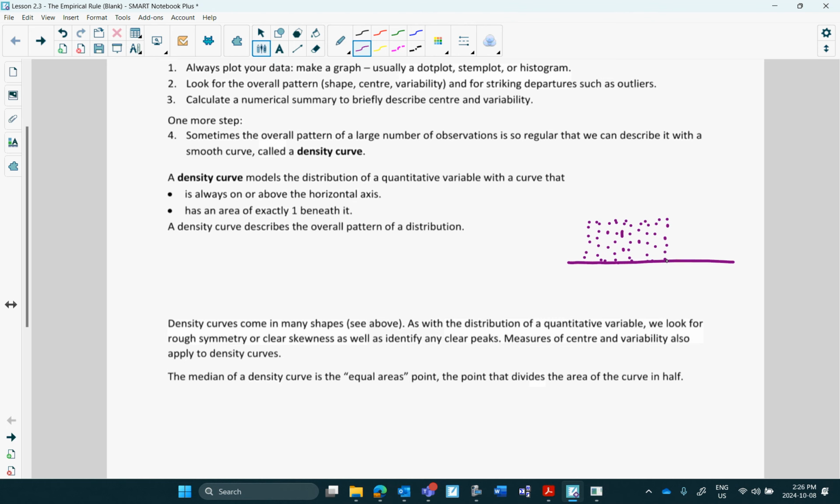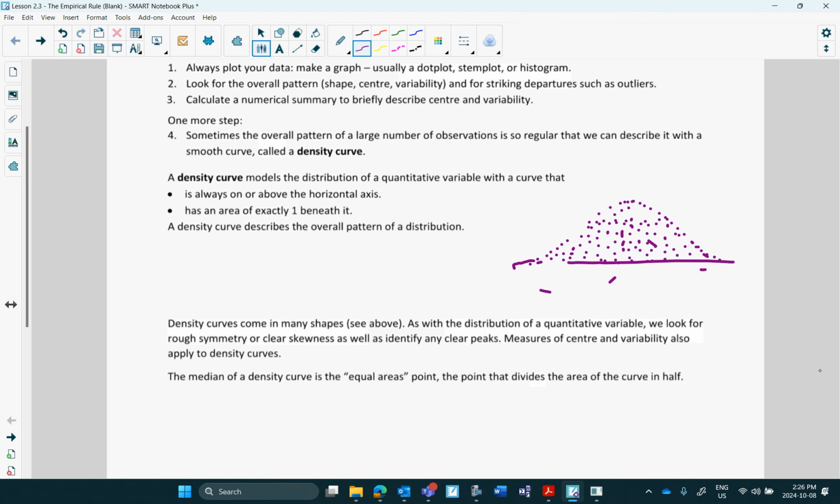That's a regular pattern. You could end up with a series of dots that looks like a very nice, what we call bell-shaped curve. You could end up with a series of dots that skews to the left or skews to the right.